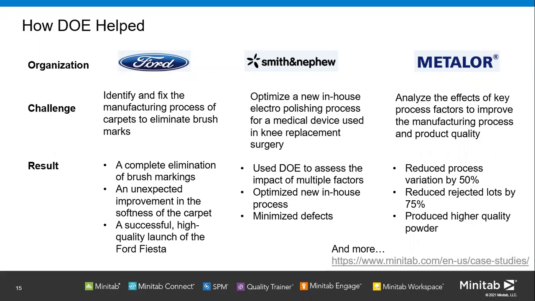So DOE is not only for MNC companies, SME companies can also do it with Minitab. So if, let's say, you have a challenge or a problem, like you want to identify and fix a manufacturing process from the fault itself, or maybe you want to optimize a new in-house electro polishing process, or you want to analyze the effect of the key process factors to improve the manufacturing process, all these kinds of problems you face, maybe you will proceed with the DOE.